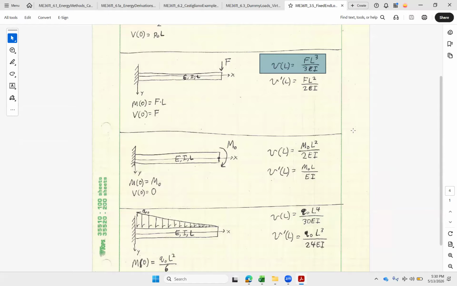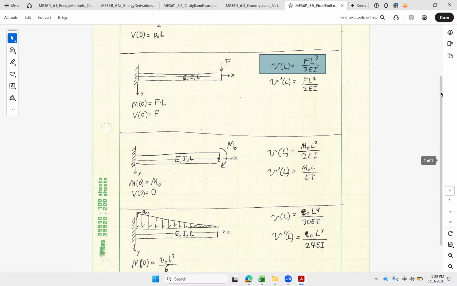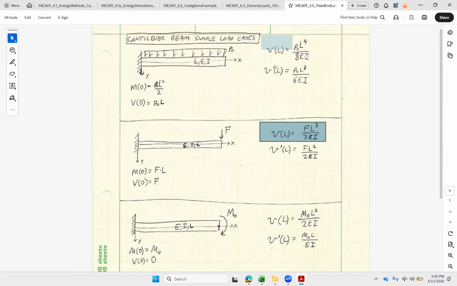I've got a 1/3. And then on my flat load, I've got a 1/8. So I can see that 3/8 is still going to show up here. I add V for the flat load plus V for the end load, and we're going to cancel down, and the force there would be equal to P naught times L, and then 3/8 for the multiplier. So those two blue shaded pieces right there, we'd add together to 0.